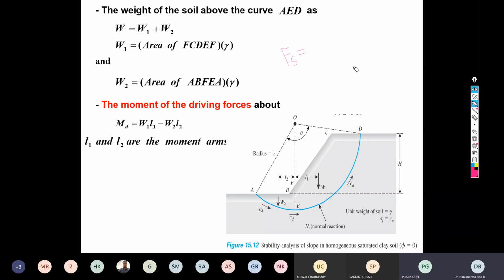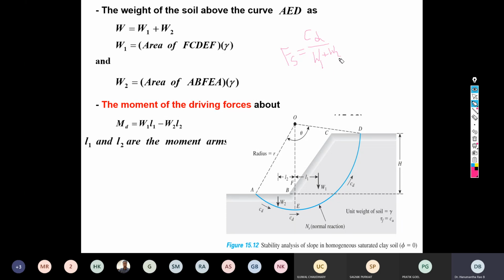Sir, CD upon the component of weight causing failure. Okay, so maybe you can take W1, W2. Yes, sir, CD upon W1 plus W2. Okay, as is rightly said, CD upon W1 plus W2.